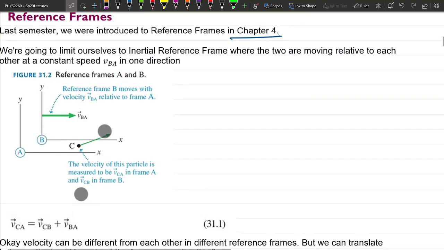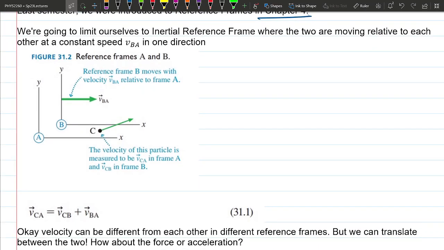Let's say we have two people, Alec and Brittany. One is moving relative to the other. The way we denote that is that Brittany is moving in Alec's frame at some velocity V_BA. Does that make sense, the notation?